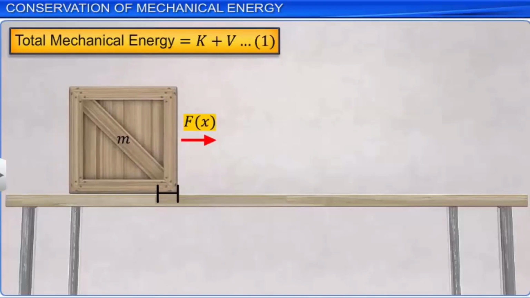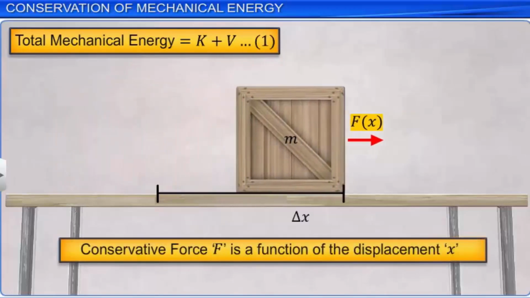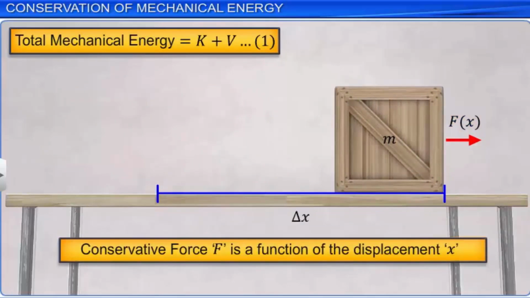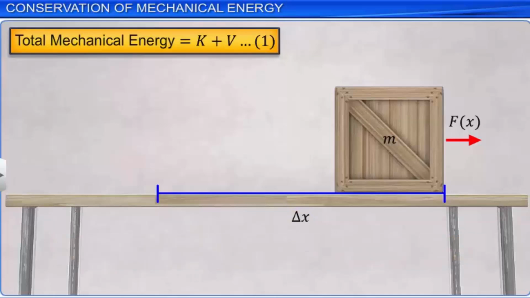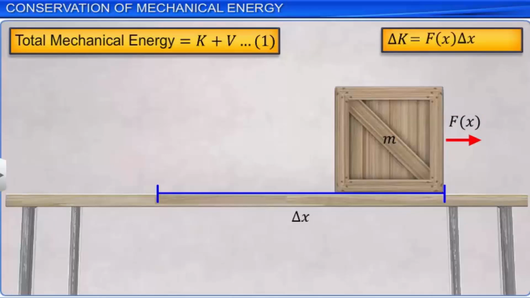If a body is displaced due to a conservative force F, which is a function of displacement x, then from the work energy theorem, the gain in kinetic energy is related to the work done by such a conservative force F of x and is denoted by the equation delta K is equal to F of x into delta x. Let this be equation 2.